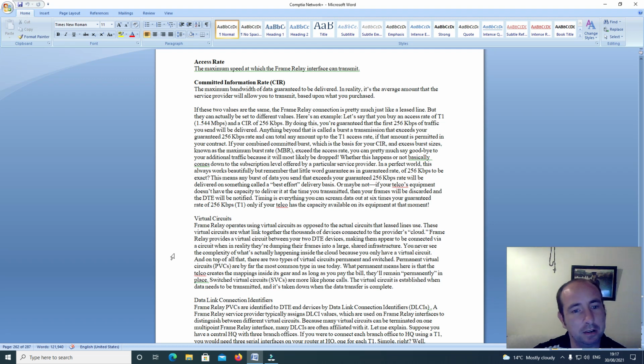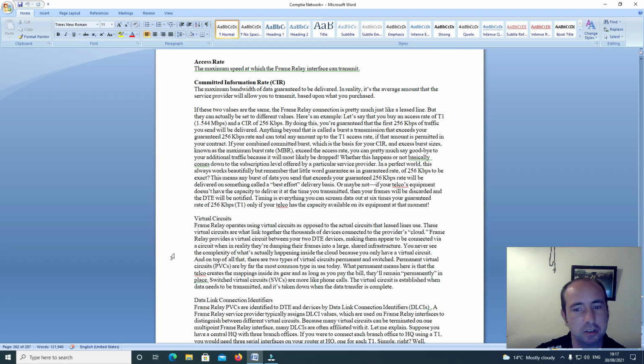If these two values are the same, the frame relay connection is pretty much like a leased line, but they can actually be set to different values. Here's an example. Let's say that you can buy an access rate of T1, 1.544 Mbps, and a CIR of 256 kbps.